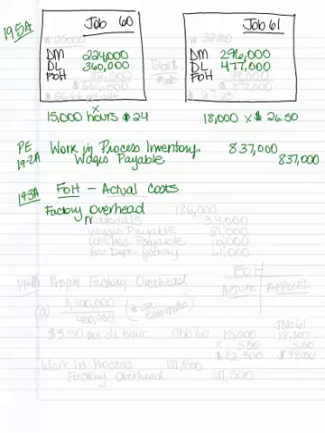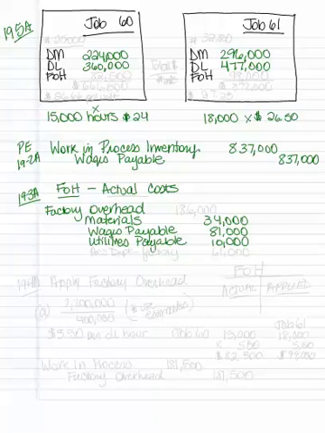Indirect materials, so you'll credit the materials account for that, is $34,000. Indirect labor, which we will call wages payable, is $81,000. Utilities cost is $10,000.